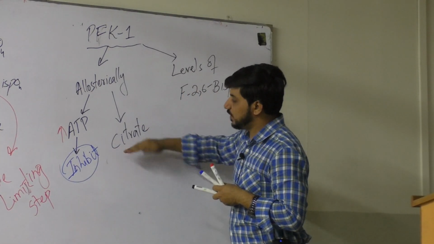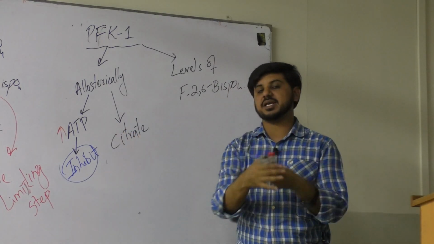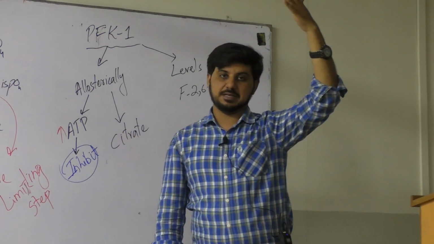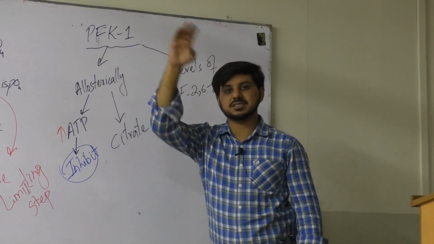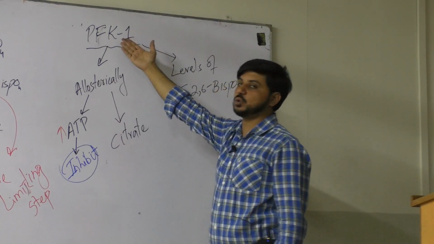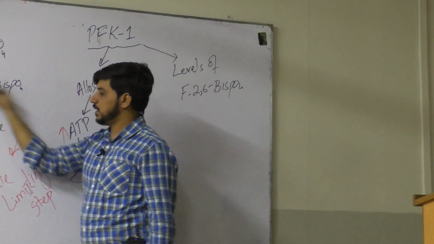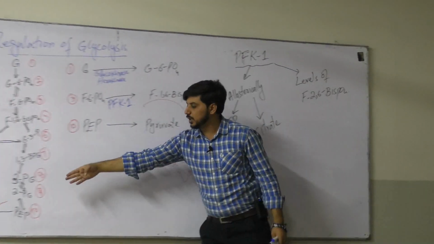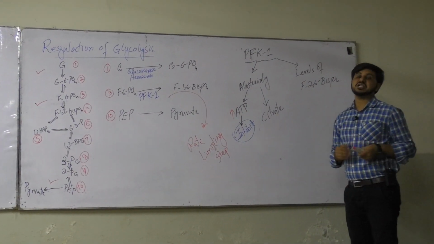And whenever there is a decreased level of ATP, or in other words an increased level of AMP, that will activate the phosphofructokinase 1 enzyme, and the reaction will proceed toward the formation of pyruvate, and at that point this pathway will yield energy.